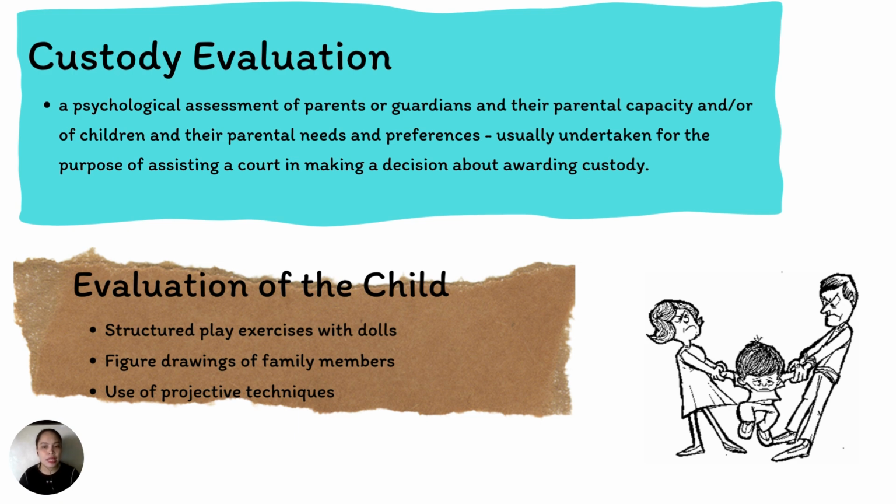Some methods that can be useful in assessing a child's parental preference include structured play exercises with dolls that represent the child and other family members, figure drawings of family members followed by storytelling about the drawings, and the use of projective techniques such as the TAT and related tests. Specifically, constructed sentence completion items can also be of value in the assessment of parental preferences.